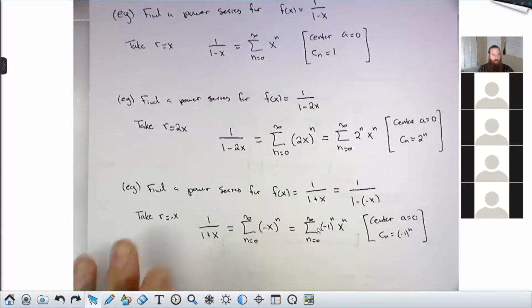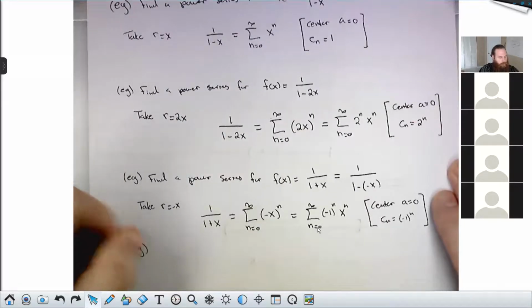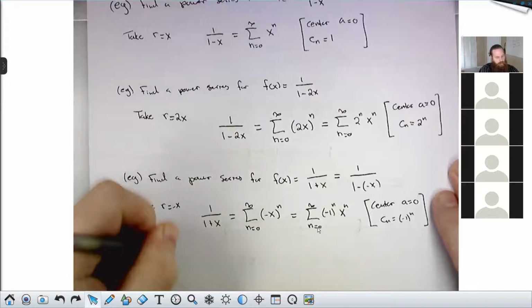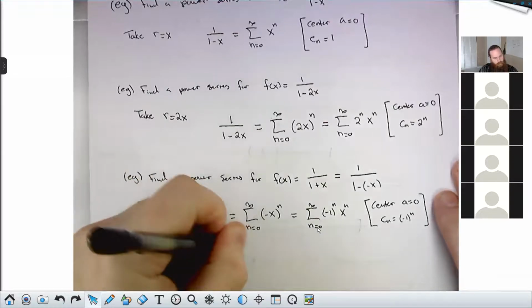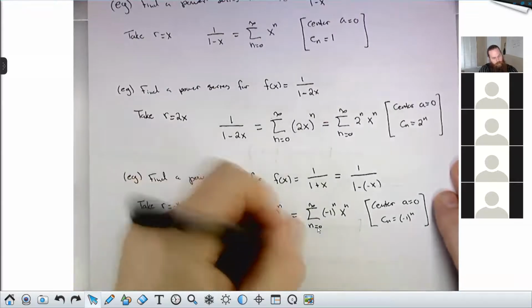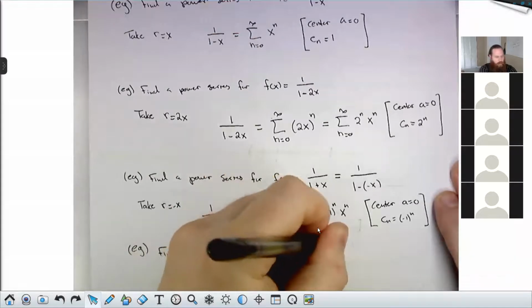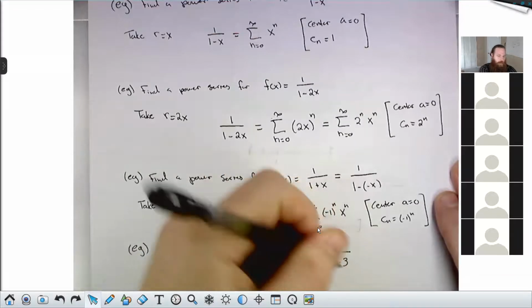Questions on these first three examples? The next example I want to play with here, same business, find a power series for f of x equals, let's do 1 over x minus 3.